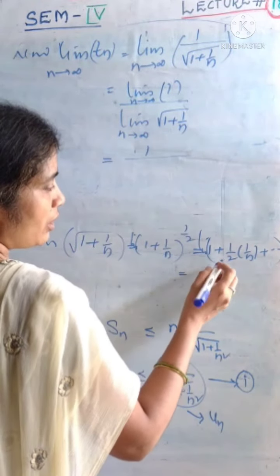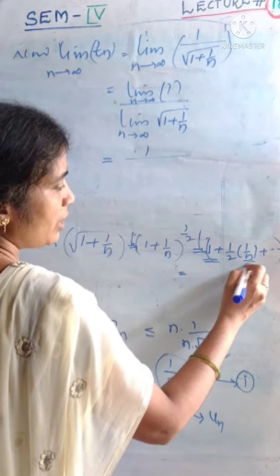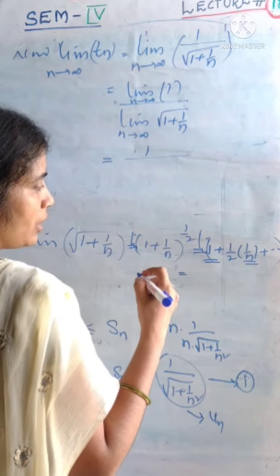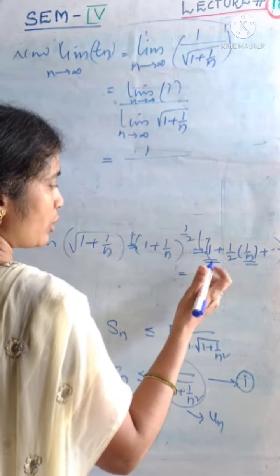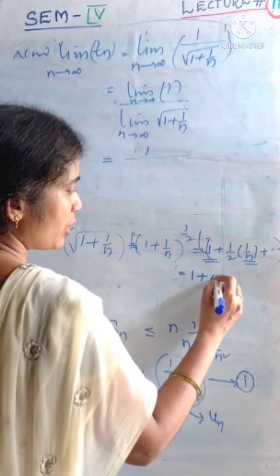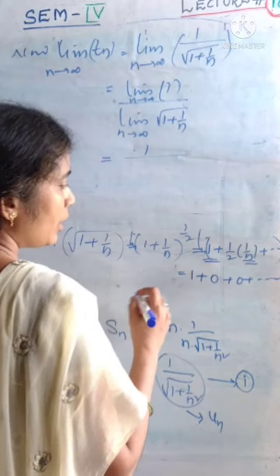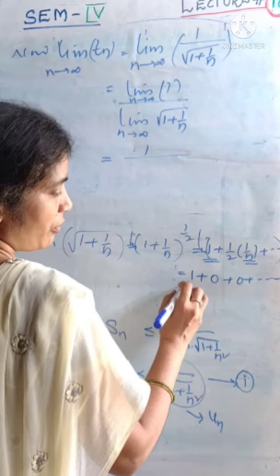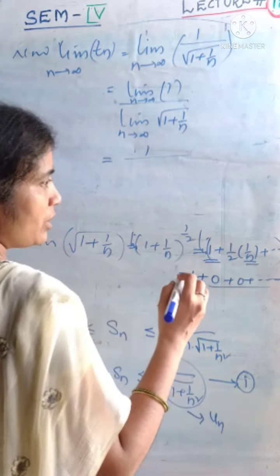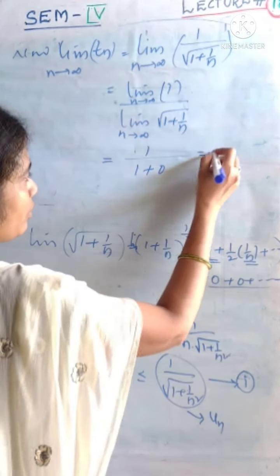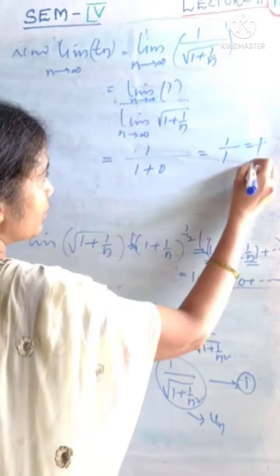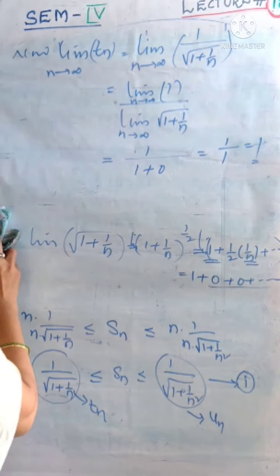And each and every term except the first term contains 1 by n. When n tending to infinity, what is the limit of 1 by n? It is 0. So these values are 1 plus 0 plus 0 plus and so on. Except the first term, all the terms will be 0. So this limit value is 1 plus 0, which is equal to 1 by 1 is 1. That is the limit of Tn value.